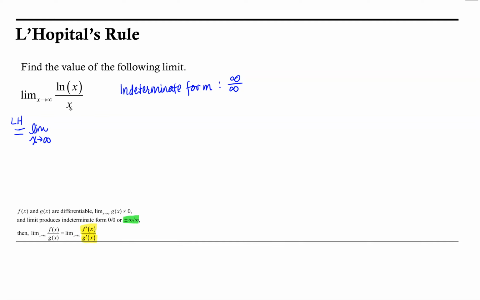So the derivative of the numerator is 1 over x, and the derivative of the denominator is 1. So basically what we have here is the limit as x approaches infinity of 1 over x. And we know that as x approaches infinity, 1 over x will approach 0. So here's the limit of our second function we wanted to consider.